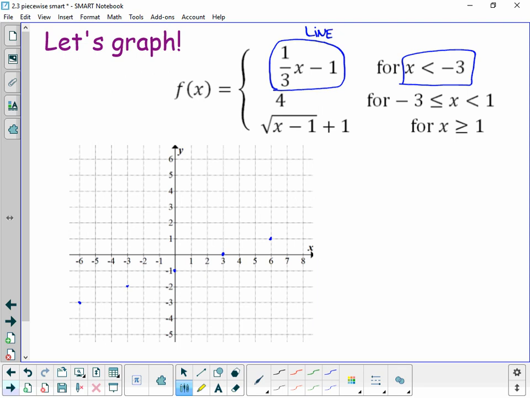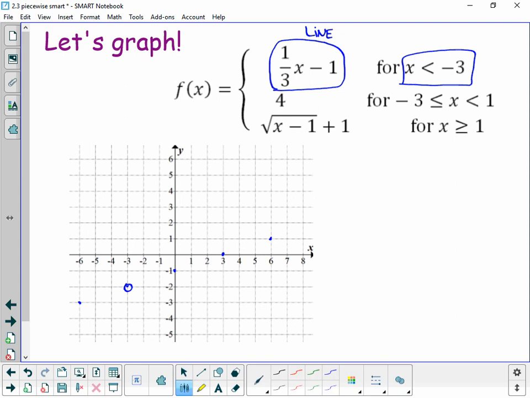Well, this says that x has to be less than negative 3. Well, less than negative 3 means it's going to be over here with these numbers that are smaller than or less than negative 3. So the portion that we're going to keep is that far side.